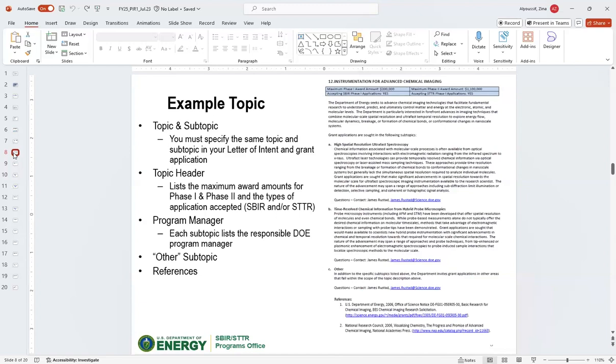Under the other subtopic, you can submit proposals that fall within the general topic description, but do not fit with any other specific subtopics. After each subtopic, there is a question contact, with the name and email address of the point of contact that you can reach out to with your questions.